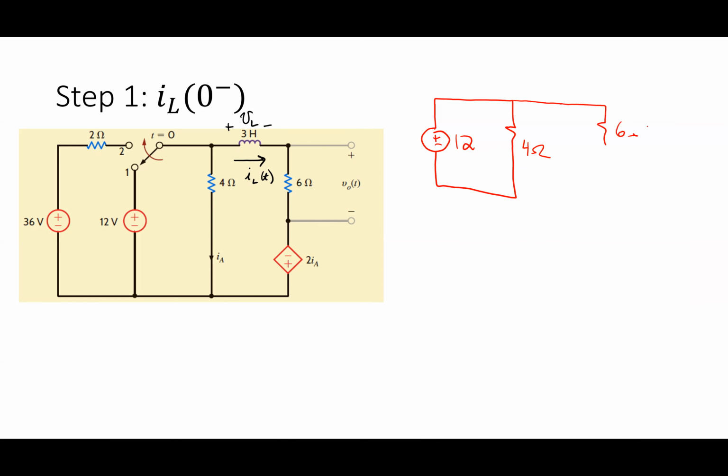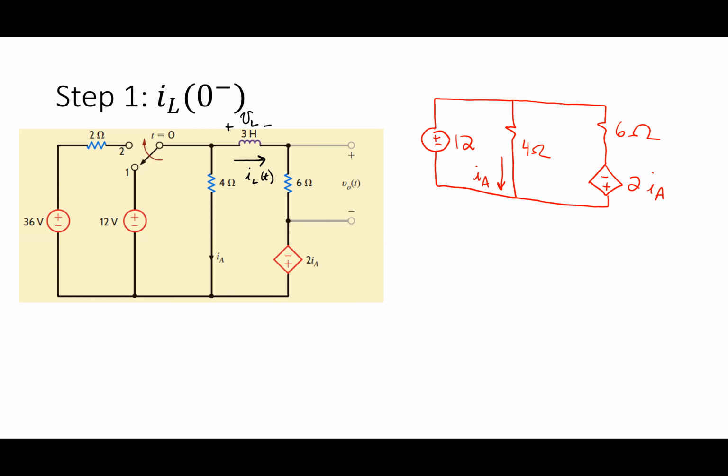I got 6 ohms, and I got this ugly guy here, which is a current-dependent voltage source, right? There's a voltage source that depends on a current, and it depends on the current in that branch. So this guy is 2 times I sub A like that.